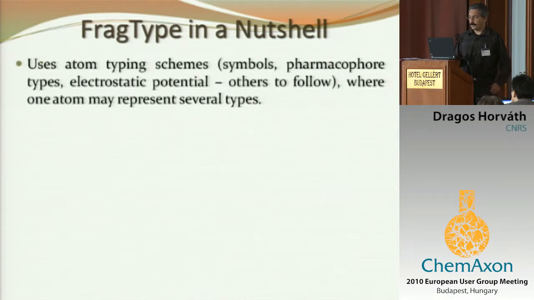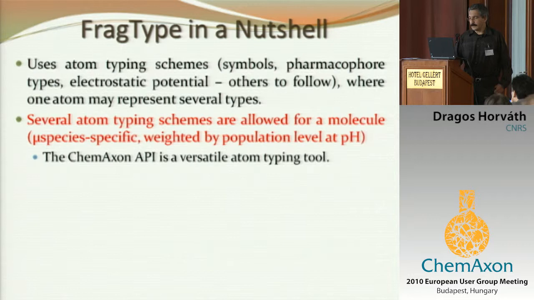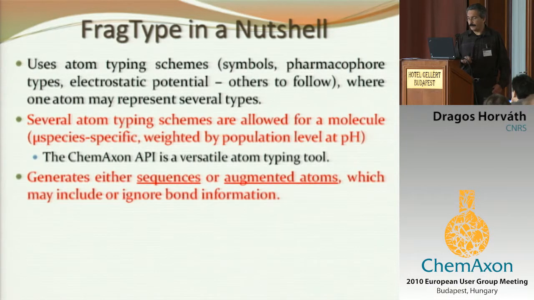So just to wrap up, we use different atom typing schemes. They are derived for each microspecies, and then the fingerprint includes population level information thanks to the ChemAxon API.